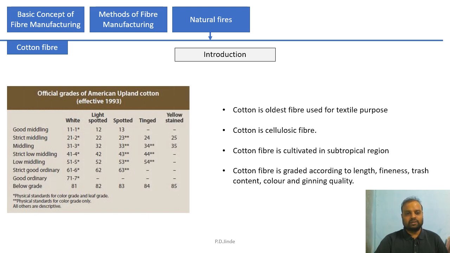In the American cotton grading system, there are grades 1 to 8. Good middling is one of the best cottons, whereas below grade is one of the worst. Prices are according to the grade. So cottons are graded as well.